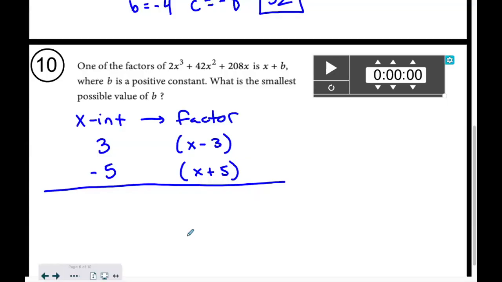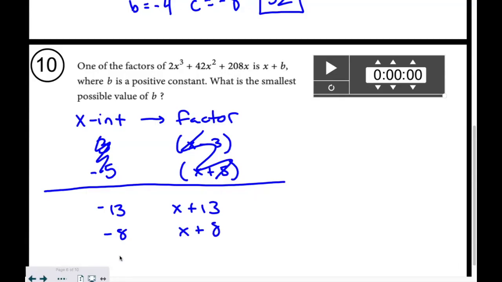Let's forget about these for a second. If we have an x-intercept of negative 13, that's a factor of x plus 13. If we have an x-intercept of negative 8, that's a factor of x plus 8. Now, zero's tricky. Zero could have any number of factors.